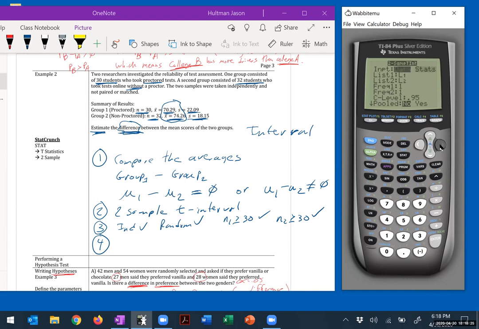So what do I want? I want statistics, not data. And I want to know x1. What's my x bar 1? What's my average in group 1? My average in group 1 was 70.29.